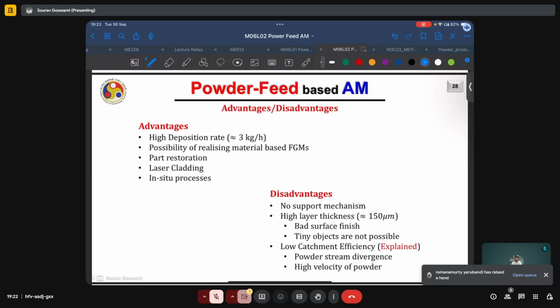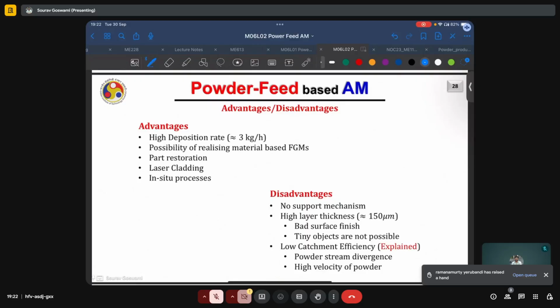It allows for laser cladding, which is the process of improving mostly the surface properties of existing components by cladding a layer of the same or a dissimilar material, typically dissimilar, with the intent of improving surface properties such as the hardness, the wear resistance, the abrasion resistance, or the corrosion resistance.